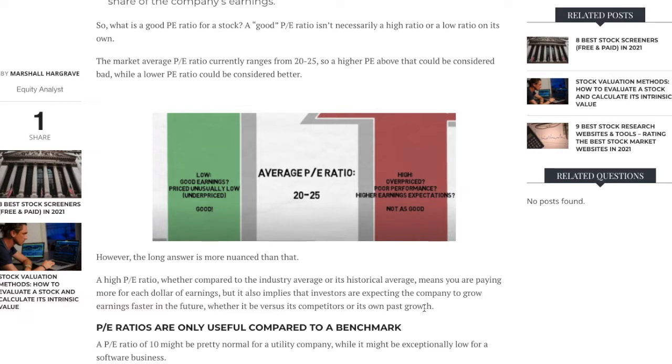And the lower a PE ratio is, see, it's confusing. It says good earnings and it's priced unusually low, which could mean it's underpriced, which is good. However, if a company has a consistently low PE ratio, that could mean that they're running the risk of bankruptcy because they're losing money. And a negative PE ratio might not even be reported.